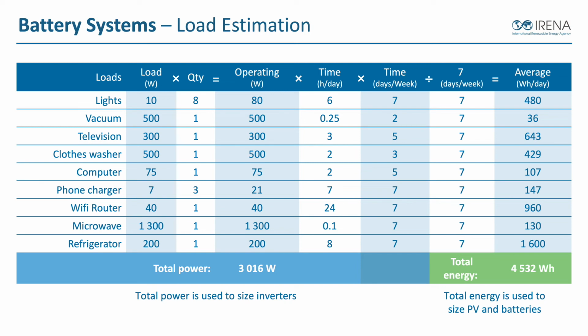And when we do battery systems, we need to not only know what the monthly total energy consumption is, but we need a lot more details. And so normally we're going to try to get customers to give us as much information as we can about the devices that they own. So if they own the items, we want to look up how much they use. If they're going to be purchasing them, we can try to make some estimates.